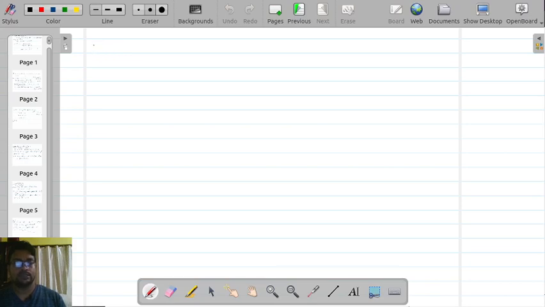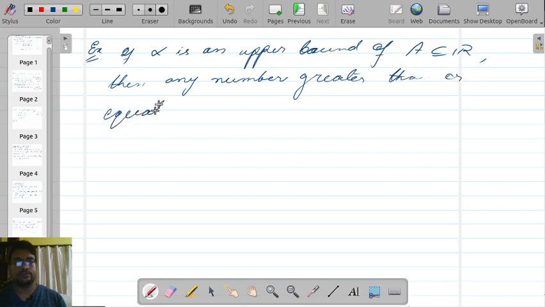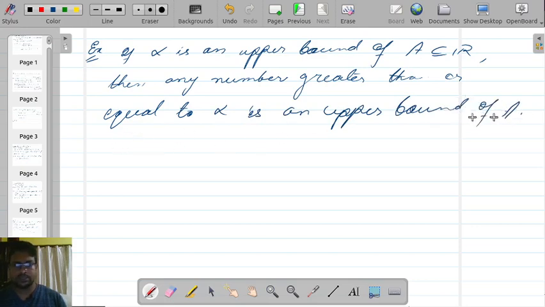You can do it as an exercise: if alpha is an upper bound of a set A, subset of R, then any number greater than or equal to alpha is an upper bound of the same set A. So this is a very straightforward result. Let us try to prove it.